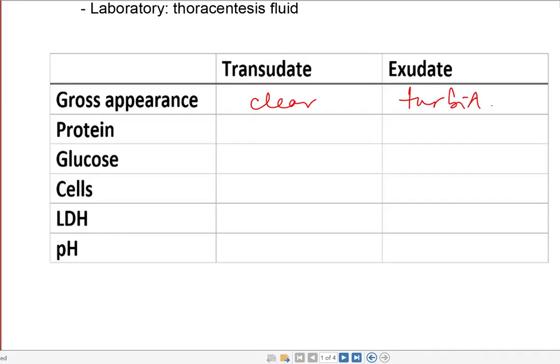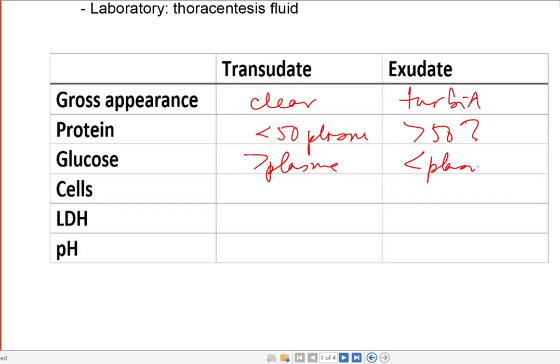Proteins are going to be less than 50% of plasma in transudates, but more than 50% in our exudates, because the actual physical destruction of the endothelium and mesothelium allows for their escape. When we talk about glucose, glucose is going to be similar to plasma in transudates, but in fact it's going to be less than plasma in exudates because the cells metabolize it.